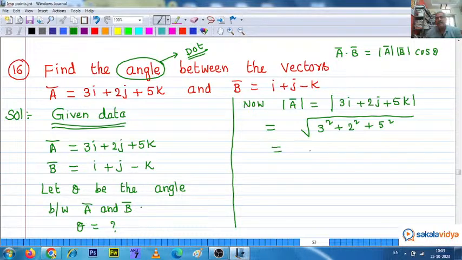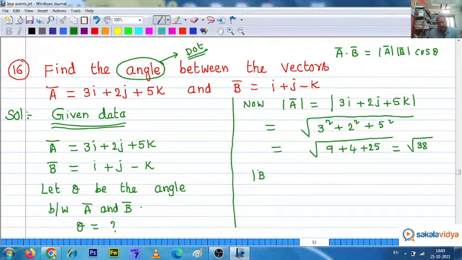Let us simplify it: 3 squared is 9, 4, 25. Root of 38. Okay, leave it as root of 38.